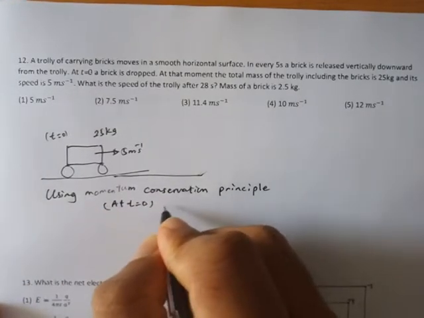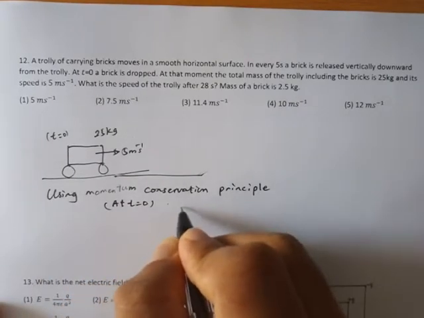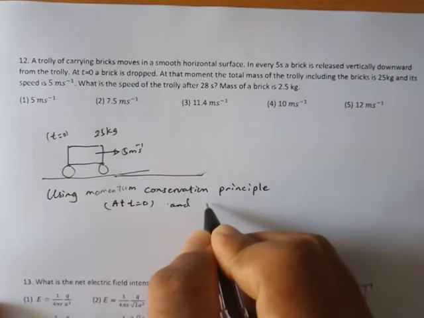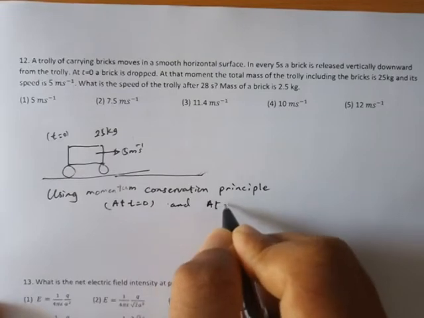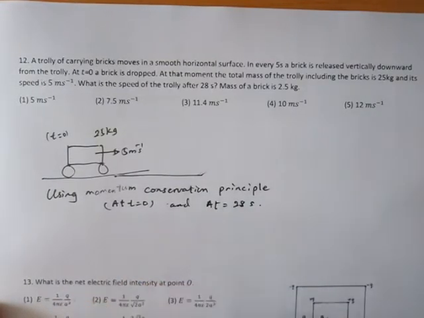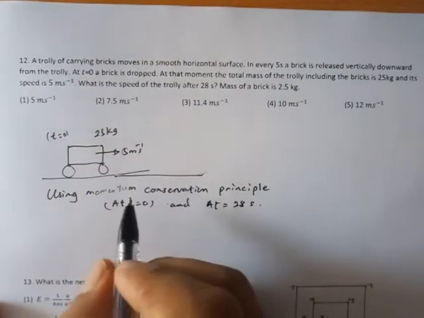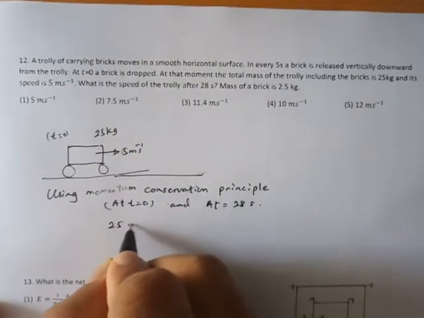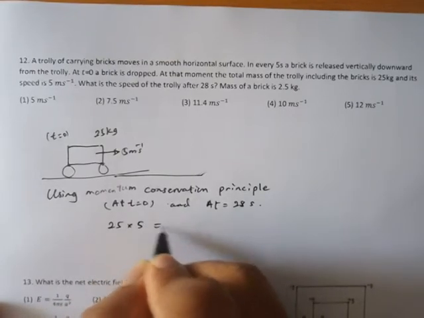I'm going to consider the total momentum at t equals 0 and at t equals 28 seconds. Okay, so at t equals 0 we can write momentum is 25 into 5.